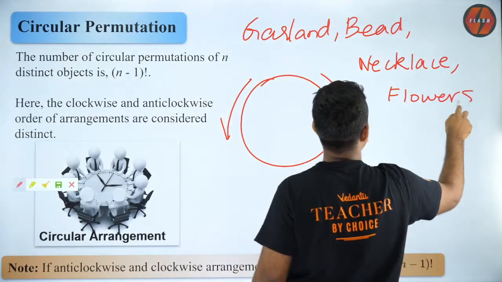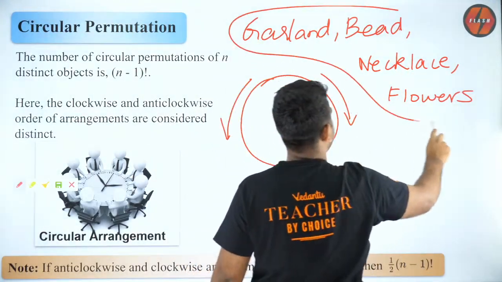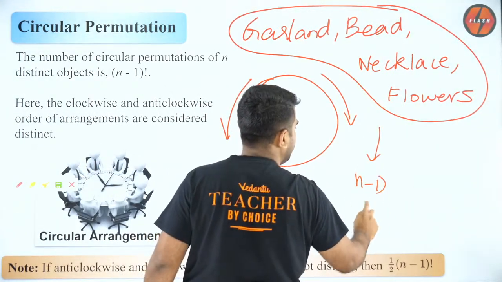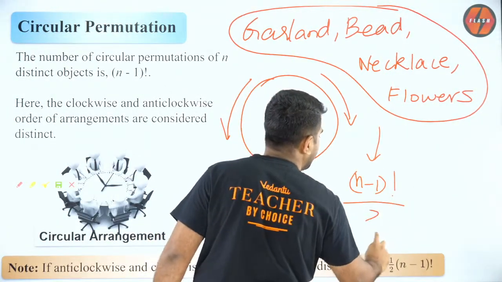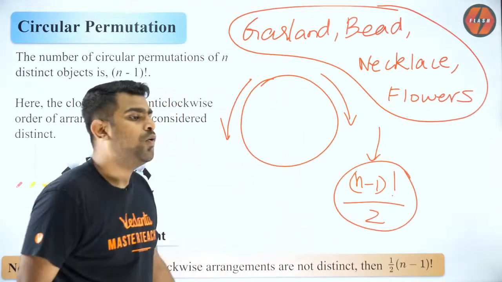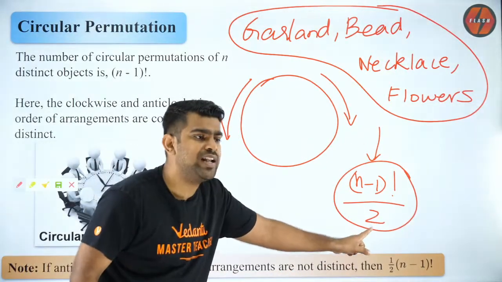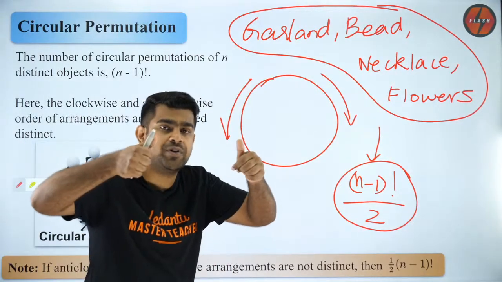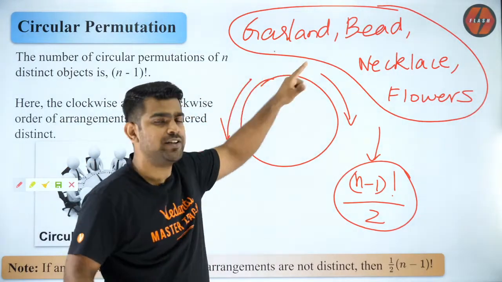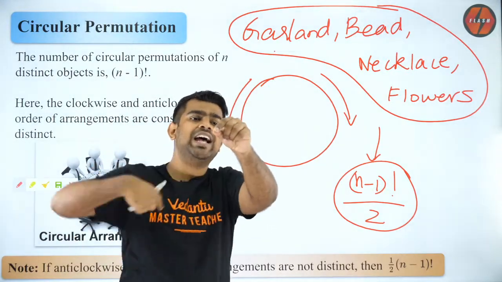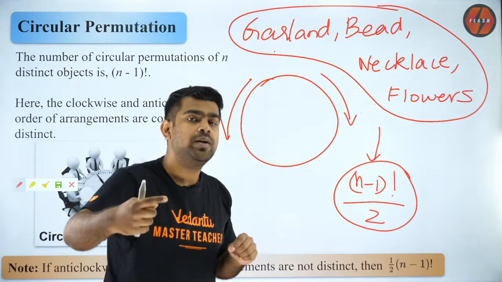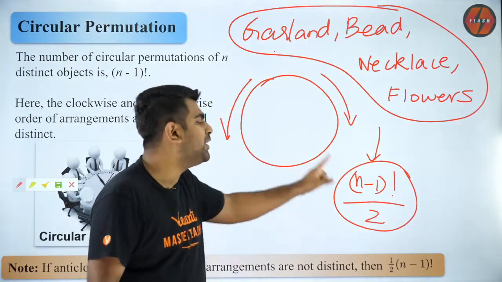So in the case of these inanimate objects, the circular permutation will be n minus 1 factorial by 2. Why n minus 1 factorial by 2? Because you can flip it around. When you have a garland, you can see it from this side as well as that side. So because of that, you will have repetitions.